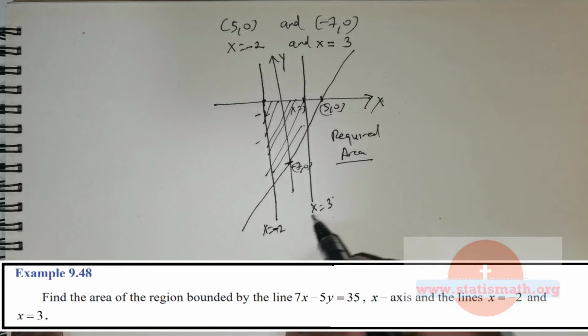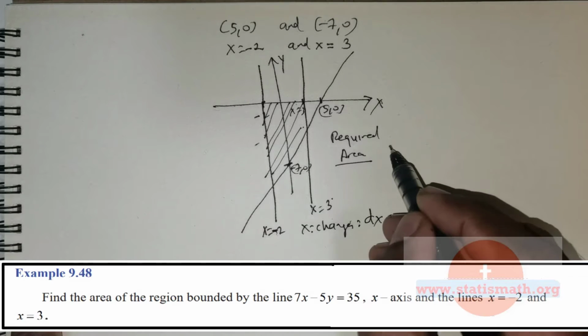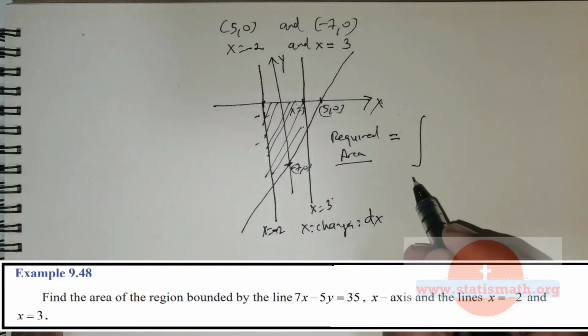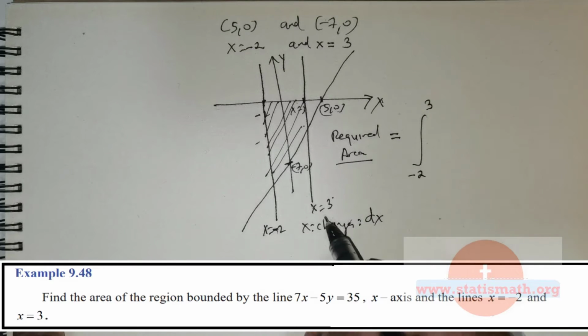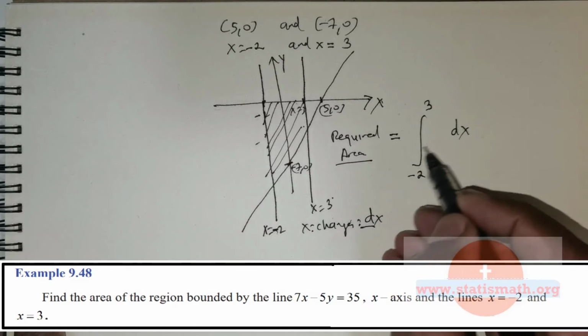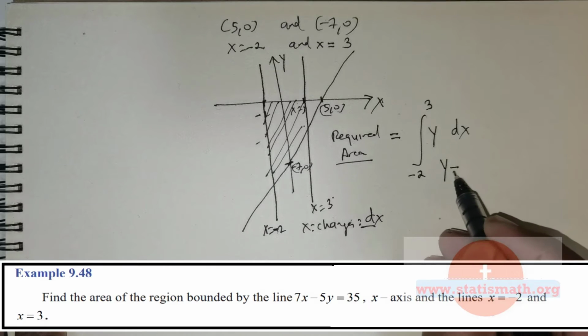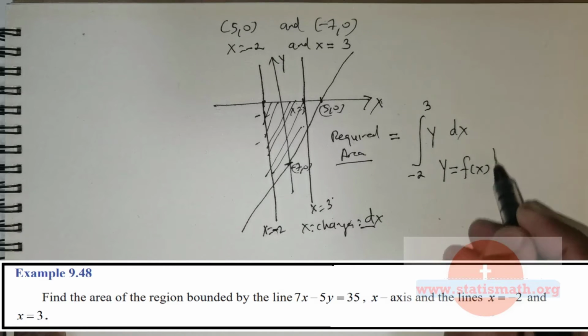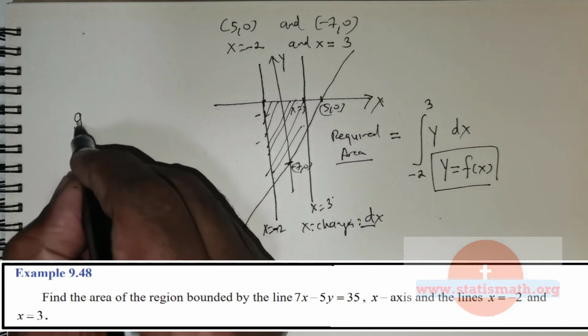Whenever x changes, the change in x is represented as dx. So the required area would be the integral, x changing from -2 to positive 3, with dx. The only variable you can place inside is y. Why should you place y? Because y is a function of x. Remember that.